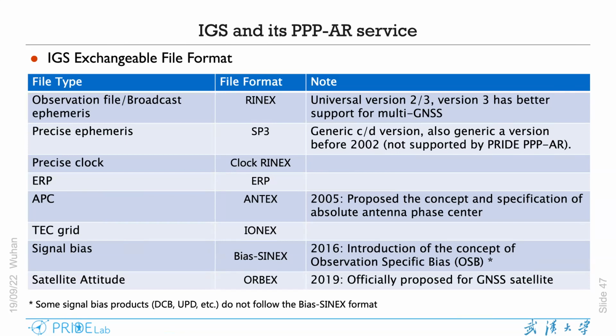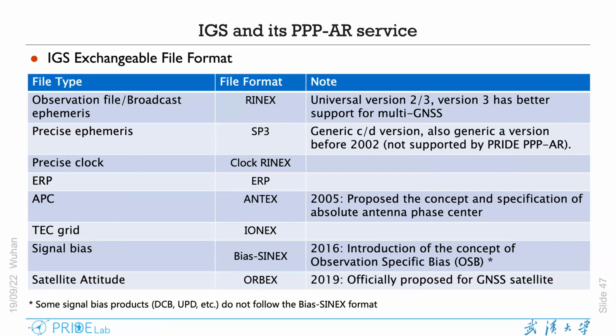And these ERP products are used to maintain the connection between the terrestrial reference frame and the celestial reference frame. This can help us to have a more precise computation of the loading effects, because in the celestial reference frame or the inertial reference frame, we can have a more precise description of the theories from the IERS conventions.